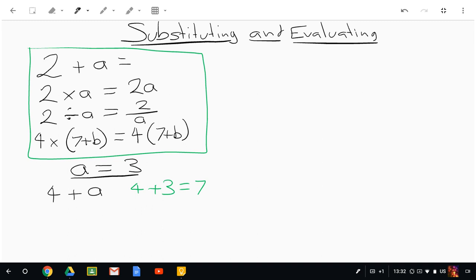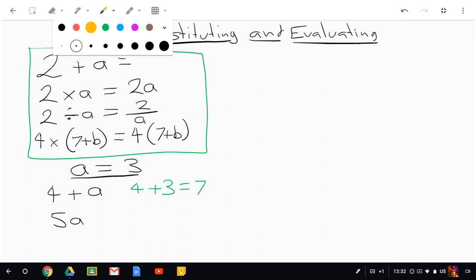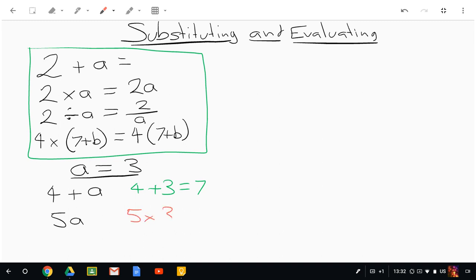If I had 5a, that could mean 5 times 3, because I'm substituting that 3 in for that a. So 5 times 3 is 15.